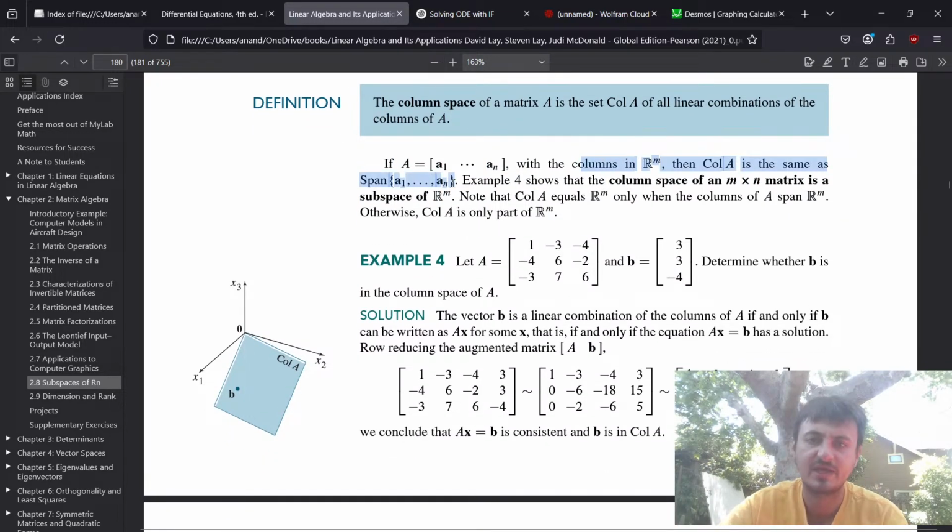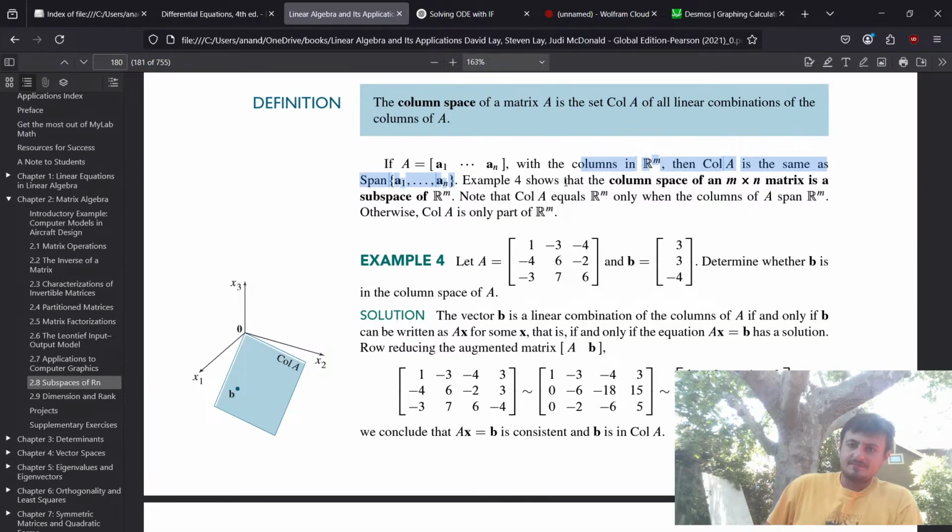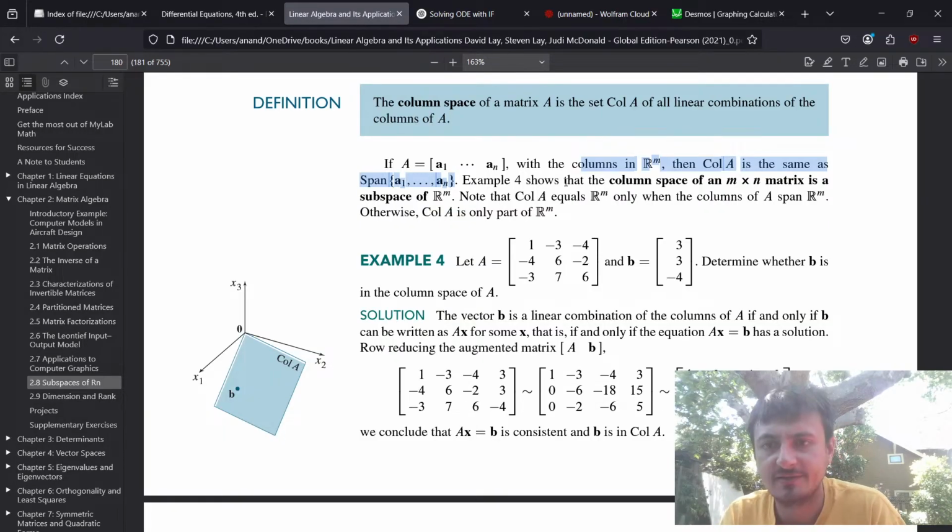It's the same as span: Col A just equals span of the columns of A. The column space of an m by n matrix is a subspace of Rm. That's because you take the linearly independent set of the columns, it's basically deduplicating, and then you can get the dimension. So that's fine.